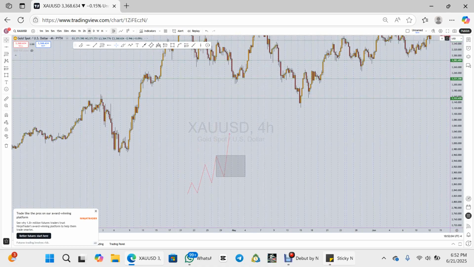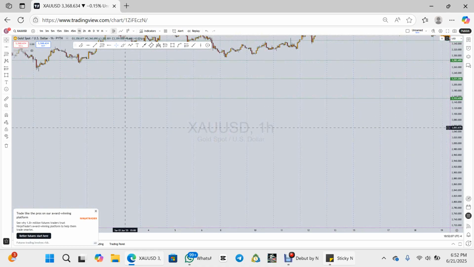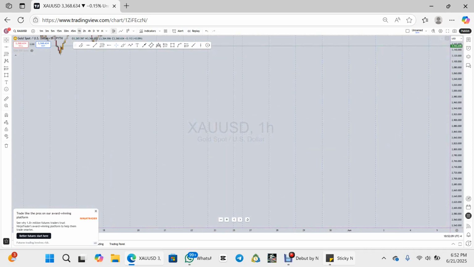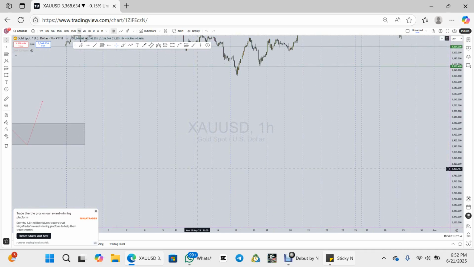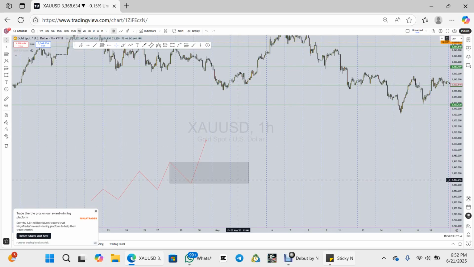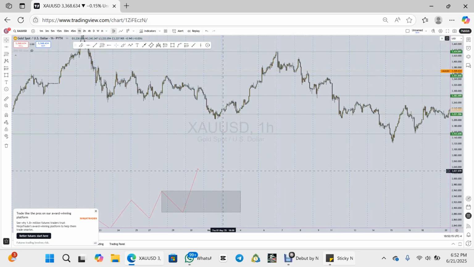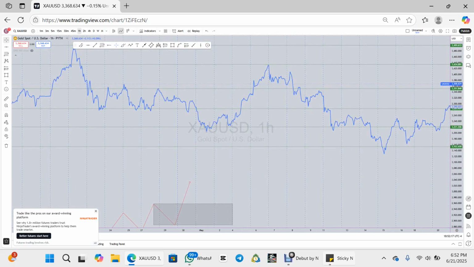An example of that: let me go to a random 1 hour time frame. It's like somewhere here. Let's say here, for instance. See here, that's an example. Here too, it's an example. It all depends on where you meet the market at that moment.